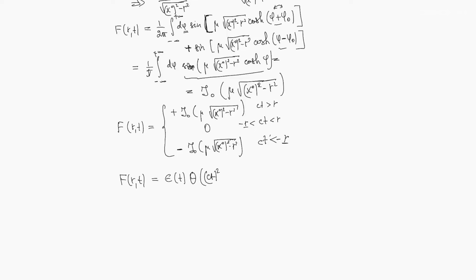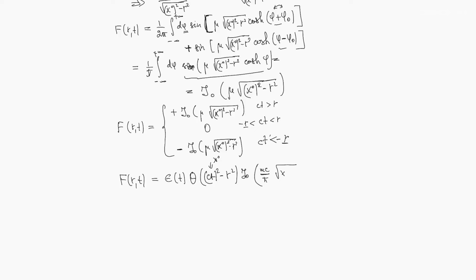I recall that this is x0. So CT squared minus R squared. And then J0 of the argument MC over H bar times square root of x0, that means CT squared minus R squared.